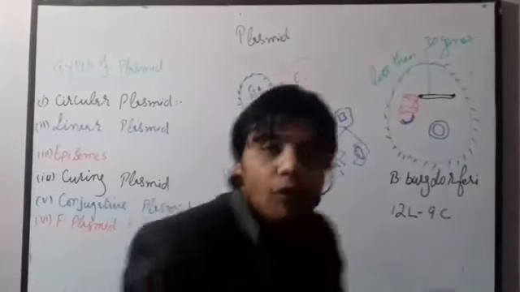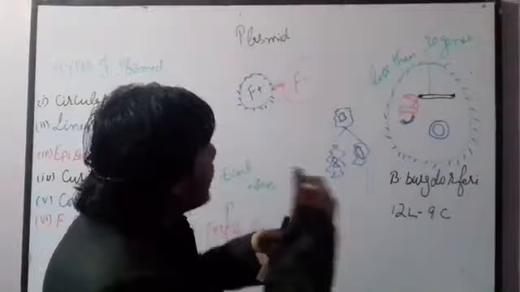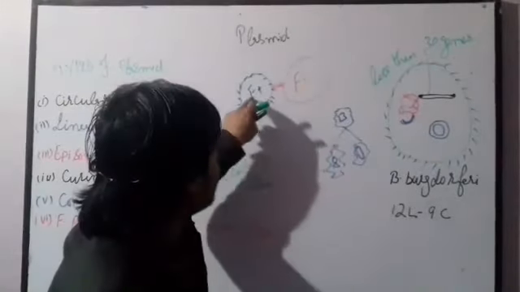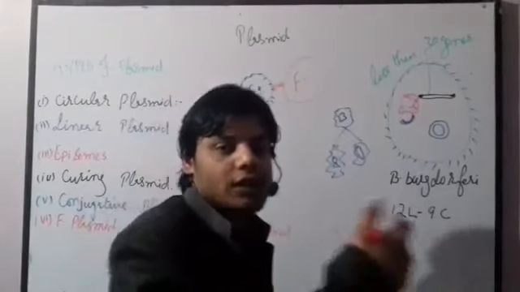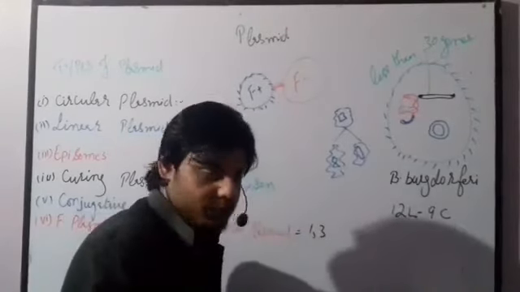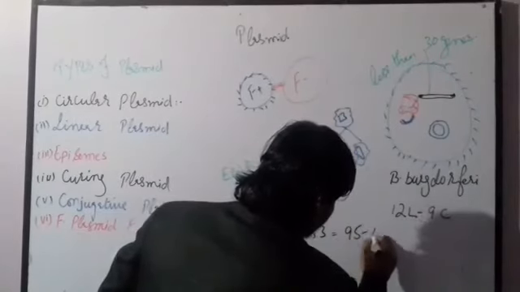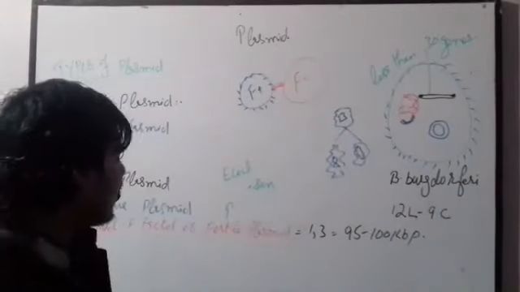Okay, so we can say this sex pili are actually used for the attachment to another bacterium. Once they attach to the F negative bacterium, they will transfer their characteristics to the other bacterial cell. Now we can say this F plasmid can produce 1 to 3 copies of a plasmid. Okay, and the size of this plasmid will be 95 to 100 kilo base pair. Okay, so this is about their size.